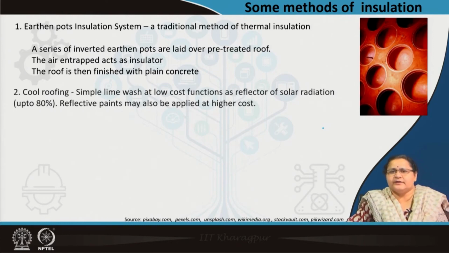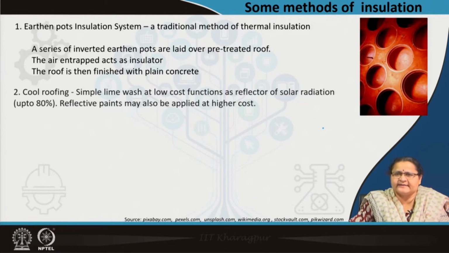So, we had learned reflective insulation. We are applying the same principle here in a very cost effective way to prevent solar radiation from getting trapped inside the building from the roof. It can help in taking away 80% of the radiation, and it is a very cheap method, but yes, there are problems.